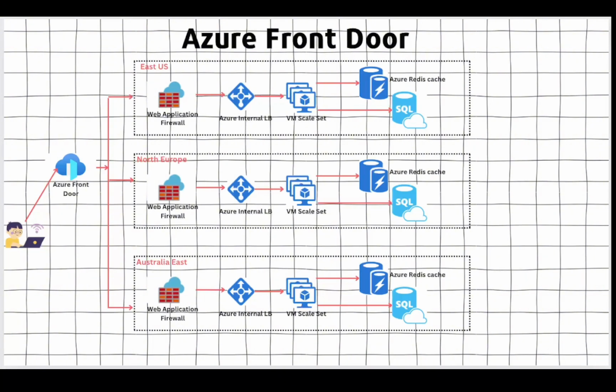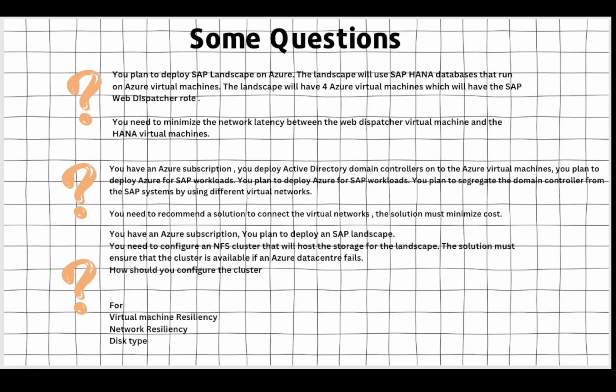Good. Now let us look at some of the questions which you might encounter when you go for an examination. The first question is, you plan to deploy SAP landscape on Azure. The landscape will use SAP HANA database that runs on Azure virtual machines. The landscape will have 4 Azure virtual machines which will have SAP Web Dispatcher role.